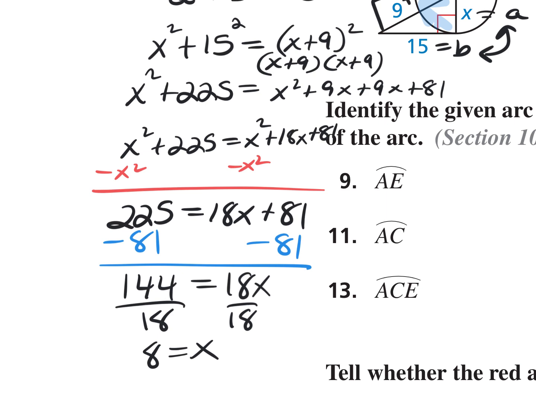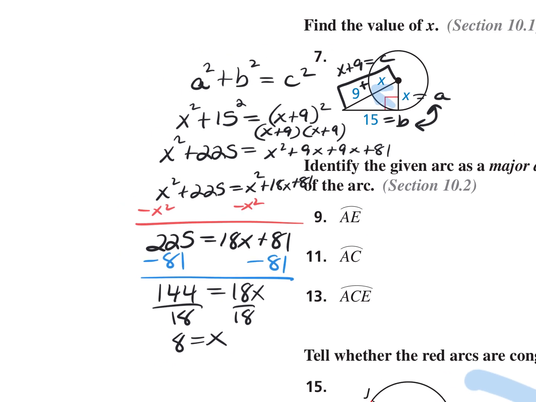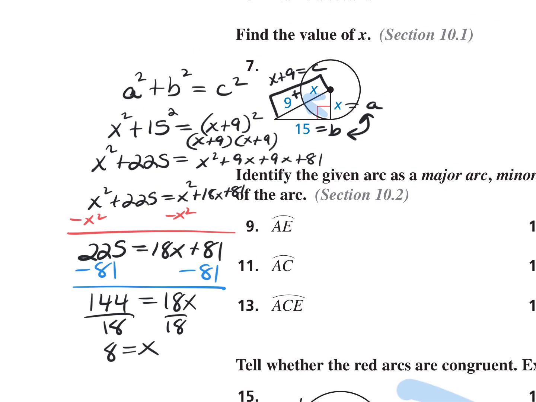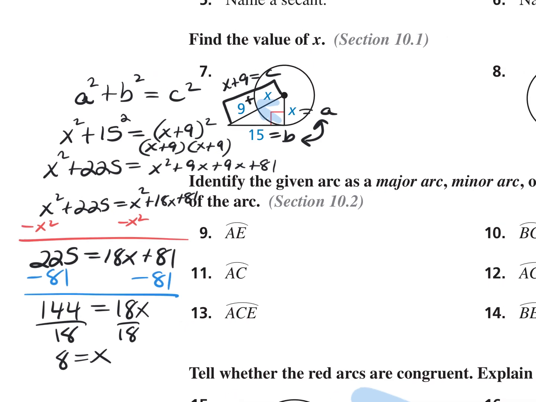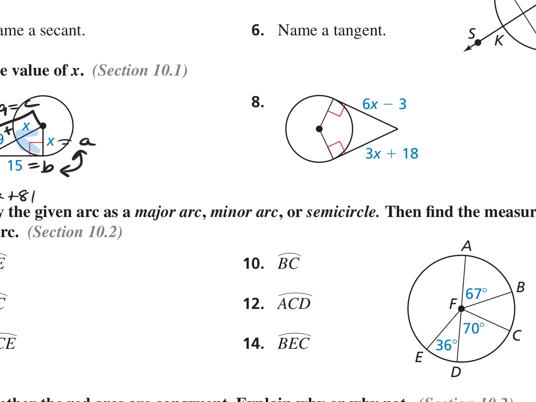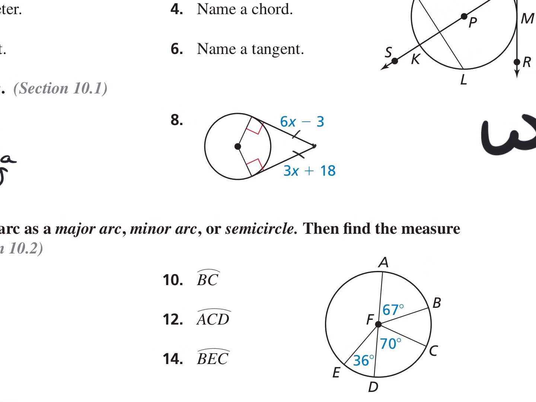So be able to do a question like this. This was in the homework. We did additional examples of this in the notes. Also be able to apply the congruent tangents here. So whenever two tangent segments meet at the same common external point, these two tangents are congruent. So all we would have to do here is set 6x minus 3 equal to 3x plus 18.